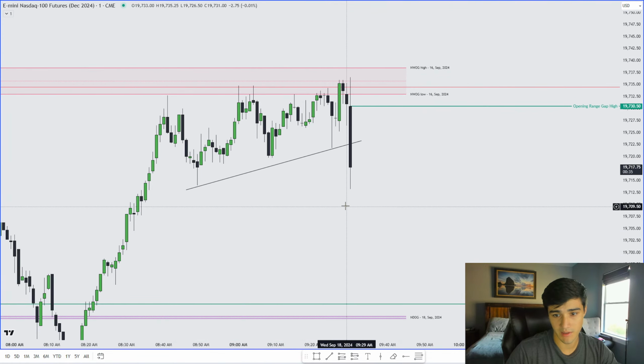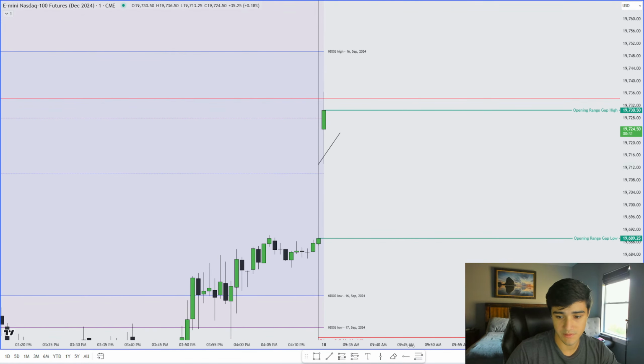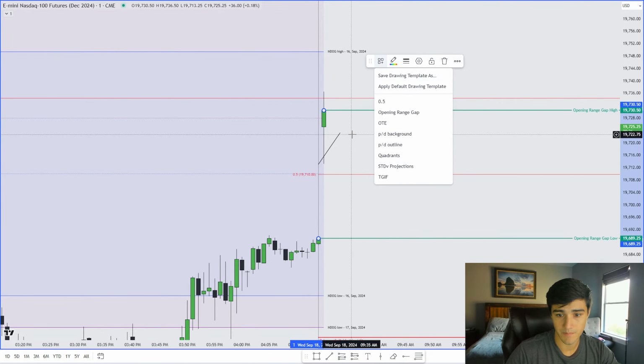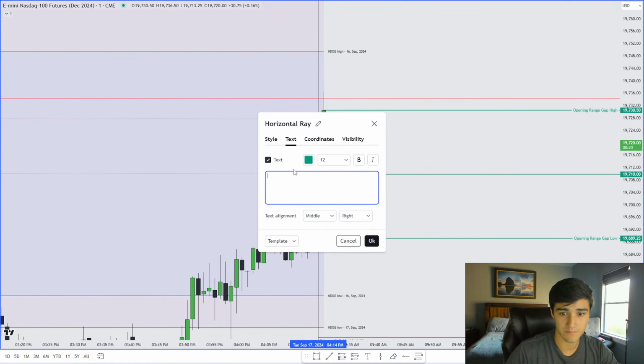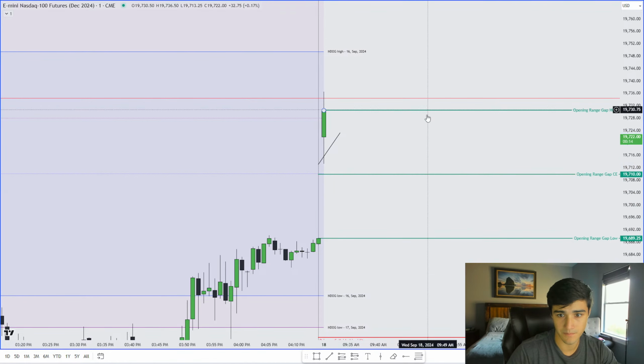Opening range gap high, and it looks like we're just diving right for consequent encroachment. So I'm going to go ahead and find the midpoint here. Right there. Opening range gap CE. There's consequent encroachment.